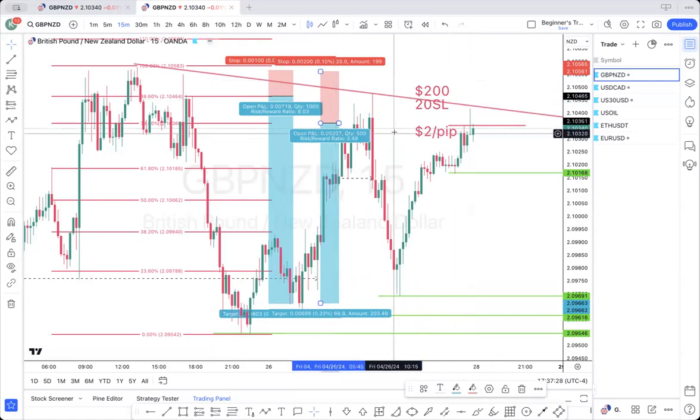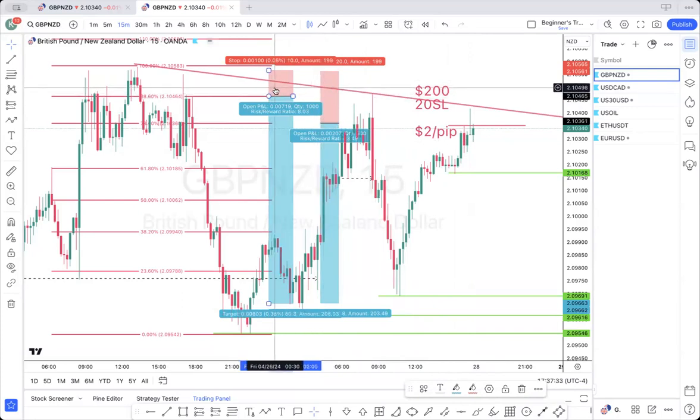So I would say put your $2 stop loss here, put your $2 a pip trade here, and then maybe either a $1 or a 50-cent trade here.